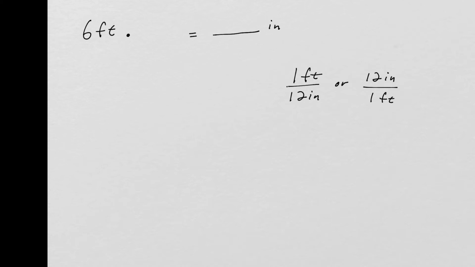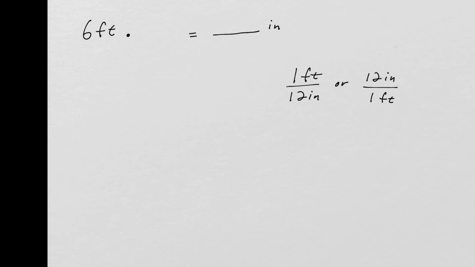So which one do I want to multiply that will actually do this conversion correctly? Well, the way you should think about this is I have units of feet right now, right? I want units of inches. So my unit conversion factor here, I want feet to be in the denominator because I want them to cancel, and then I want inches to end up surviving in the answer here. So the one I want to choose then must be 12 inches over 1 foot.